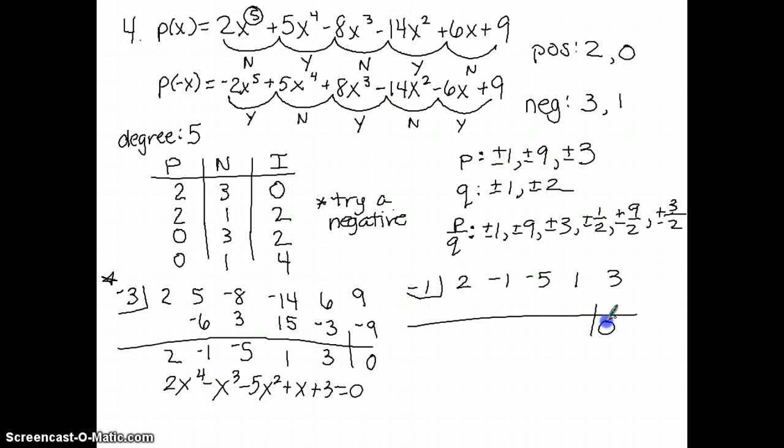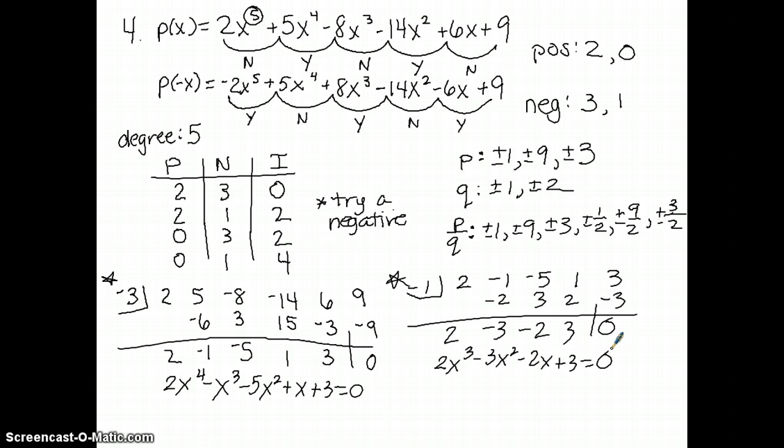And again, I'm hoping for that 0 in this last spot. So I bring this down, I'm going to multiply and add, multiply and add, multiply and add, and we were successful in getting another root. And we went from an x to the 4th to an x to the 3rd equation.